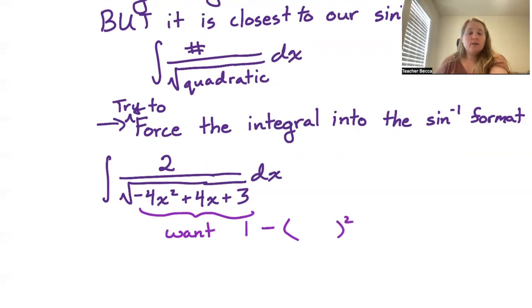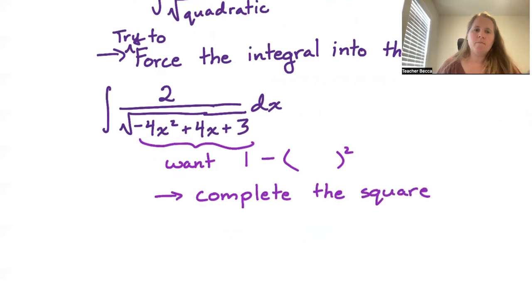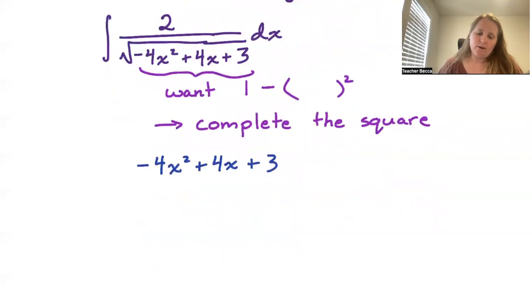And so the way that we can try to pull this off is by completing the square. So we have negative 4x squared plus 4x plus 3. Let's pull out that minus.